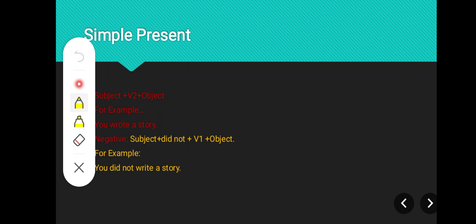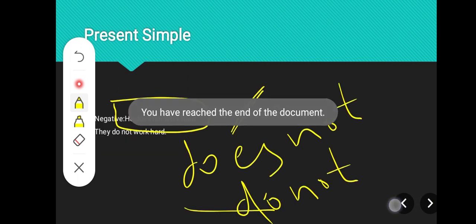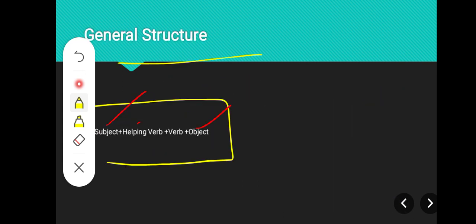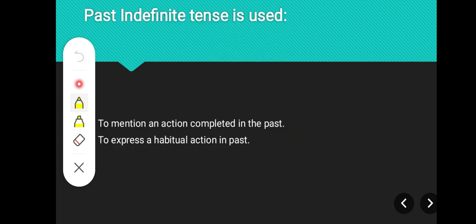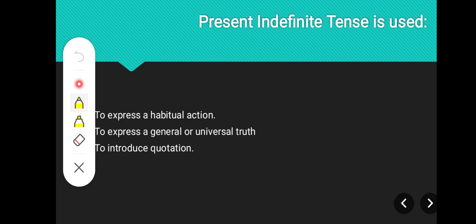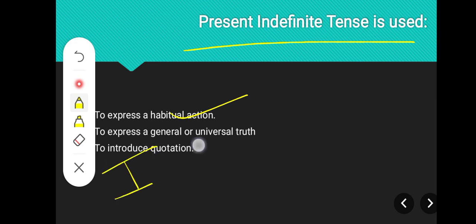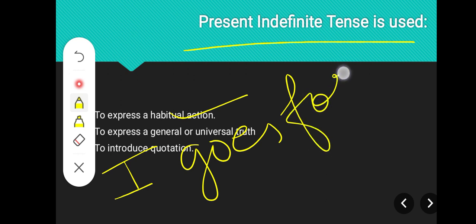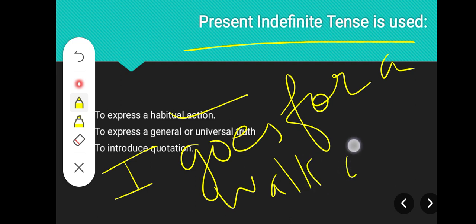So now let's see what is the use of it. Let's talk about the uses of simple present tense. Simple present tense or present indefinite is used to express any habitual action. For example, I go for a walk daily.